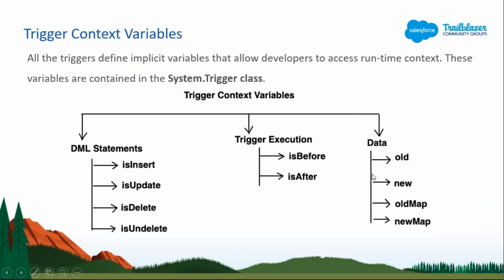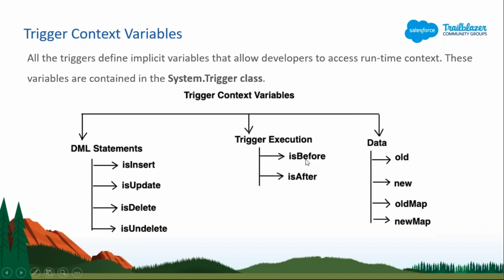So if I'm using insert and before, and performing an action on before insert, what type of data will be available here? In before insert there will not be any old data, because old data is something which is available in Salesforce before updating, before starting this transaction.